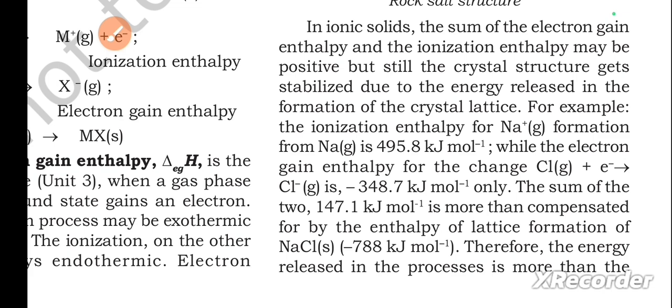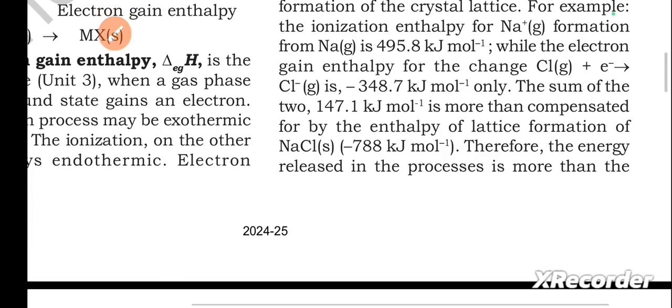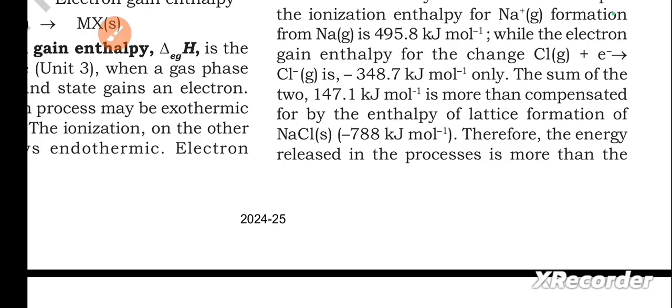For example, the ionization enthalpy for Na+ formation from Na is 495.8 kilojoules per mole, while the electron gain enthalpy for the change Cl plus 1 electron gives Cl- is minus 348.7 kilojoules per mole only. The sum of the two, 147.1 kilojoules per mole, is more than compensated for by the enthalpy of lattice formation of NaCl, minus 788 kilojoules per mole.